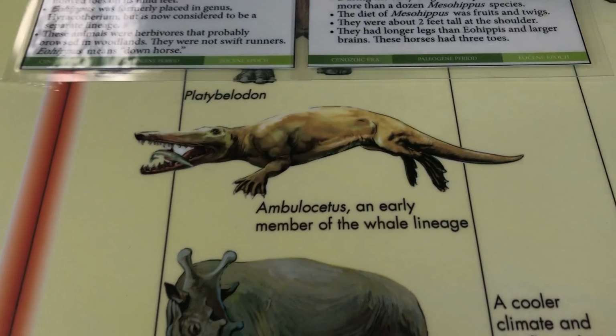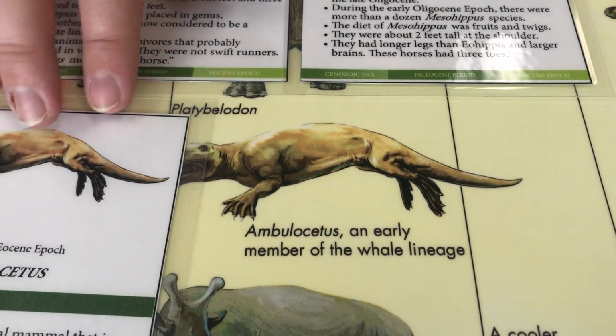Of course, not everything was just a big linear event like that. Another thing that happened with mammals is that some of them returned to the oceans. So my favorite is the Ambulocetus.